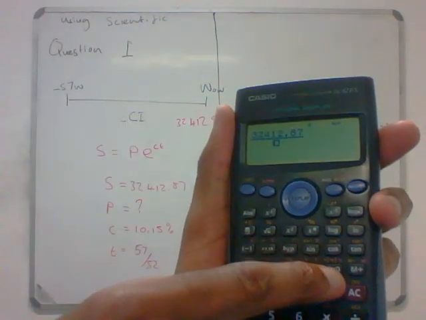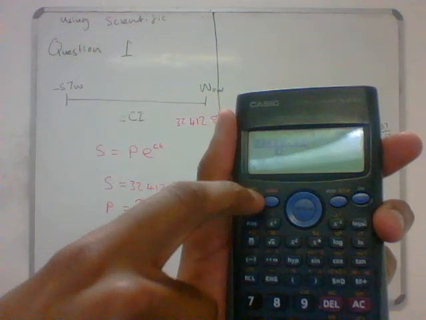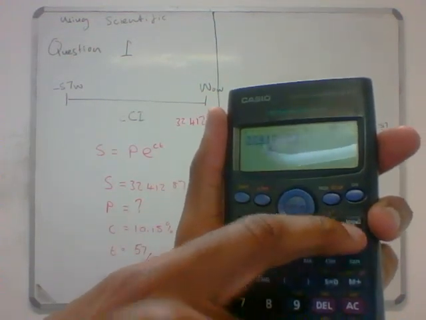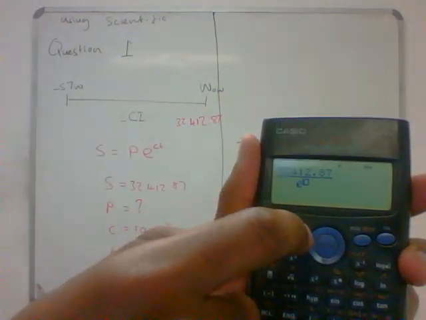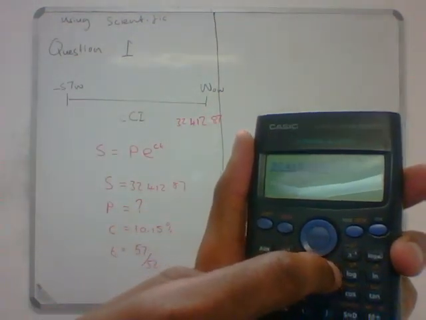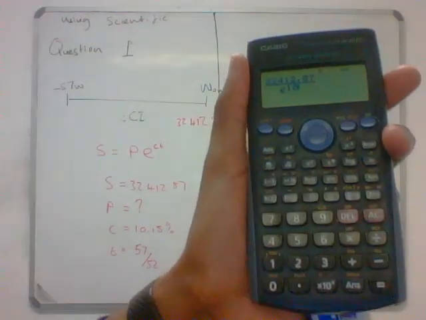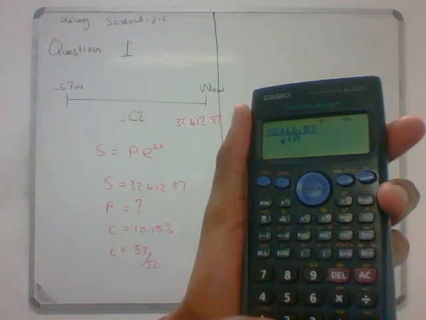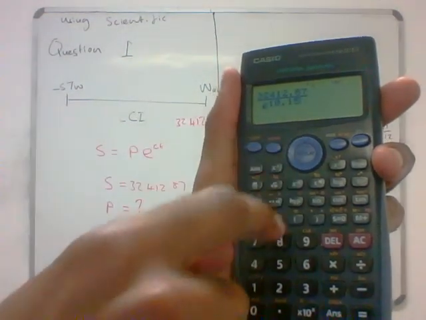Then I have E, which is in yellow there, so I must press Shift first, then E. Then it's E to the power of 10.15%.